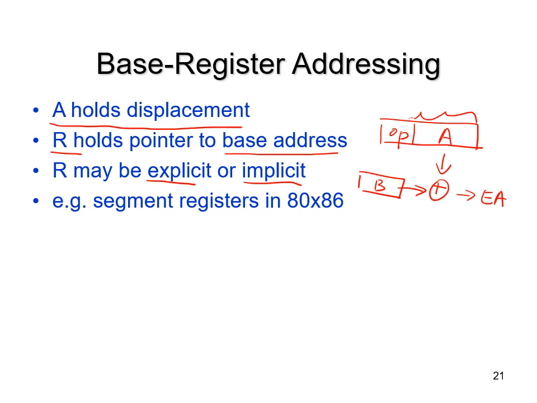For example, in the 80x86 system, the register BX is used as the segment register, so it can be omitted in the instruction whenever you use base register addressing.